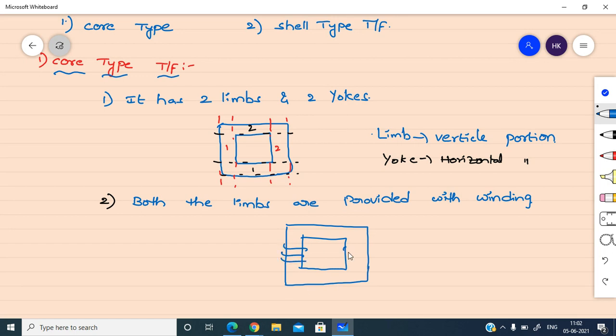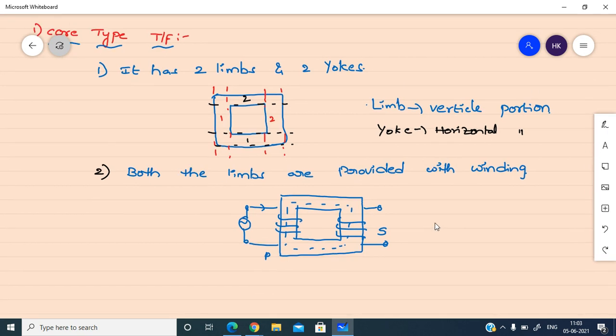This limb consists of winding and this limb also consists of winding. So the function of limb is to carry the windings and the function of this yoke is to carry the flux. This is primary winding and this is secondary winding. If you give supply to this, current will circulate and due to that current, flux will pass through this core. So both the limbs are having winding.